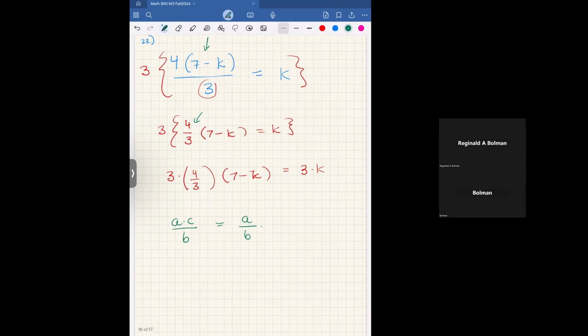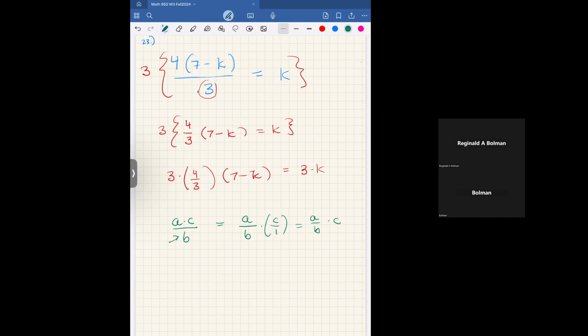In this instance, a times c over b is the same thing as a over b times c over 1, and c over 1 is just c. So this would have been our a value, this 3 would have been our b value, and this 7 minus k would have been the c value. We can then break up the fraction, and you'll have 4/3 parked in front of your 7 minus k.